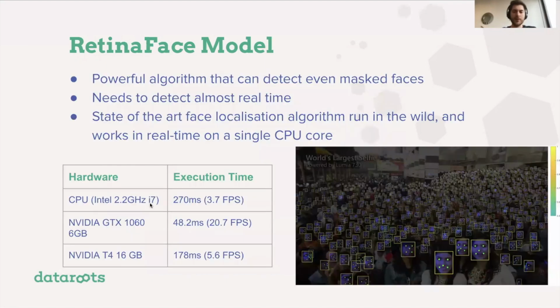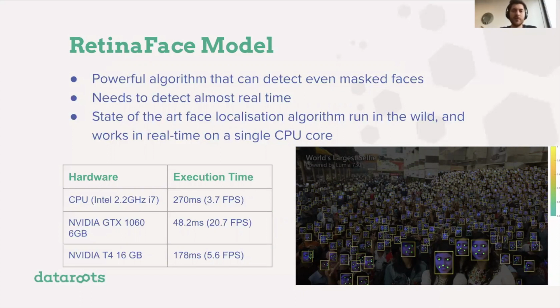So let's first start with which model we used in this face detection algorithm, and why. In this context, we have two important requirements. The first requirement is that the algorithm needs to be very powerful, because when someone puts a mask on their face, the face is almost covered, and features like the mouth or nose are not seen by the model.